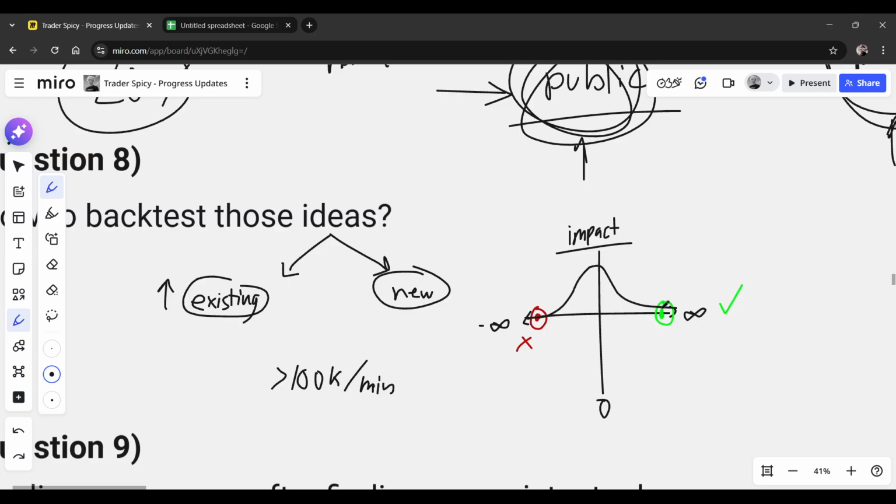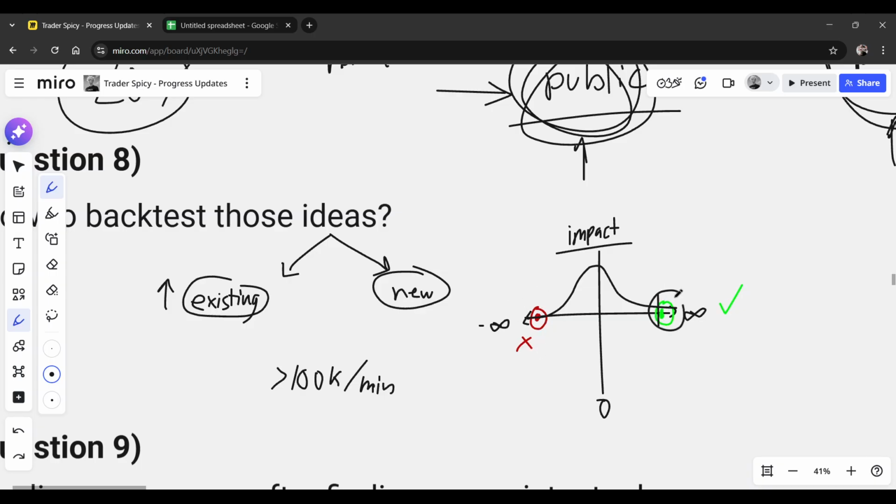And then very few ideas are going to have an insanely big impact on your performance in a good way. As in, if you followed through with this idea, it would probably make you a lot more money. Alternatively, if you follow through with this other idea, it would lose you a whole bunch of money. So we have these two extremes.